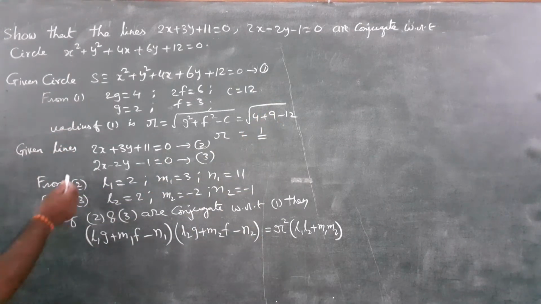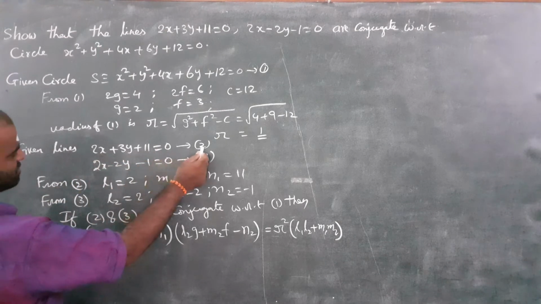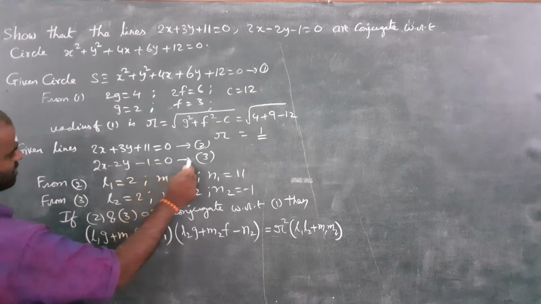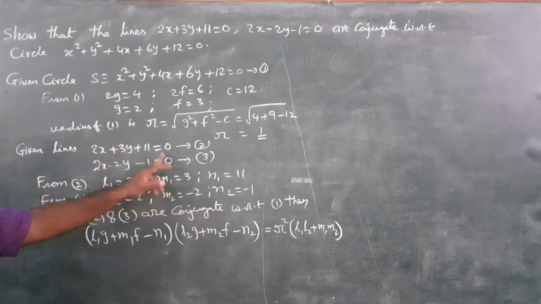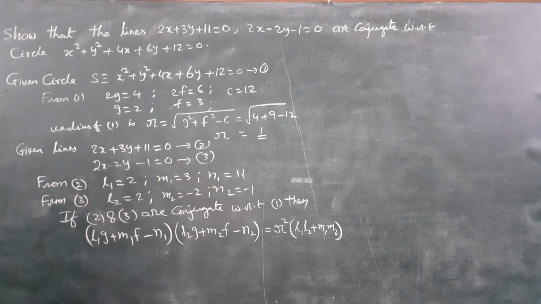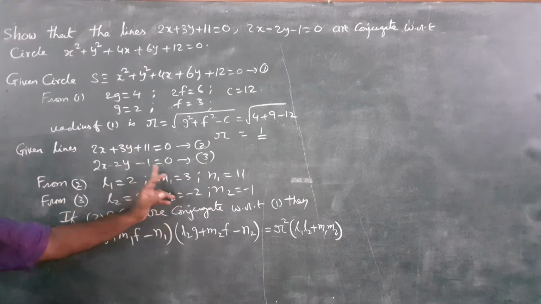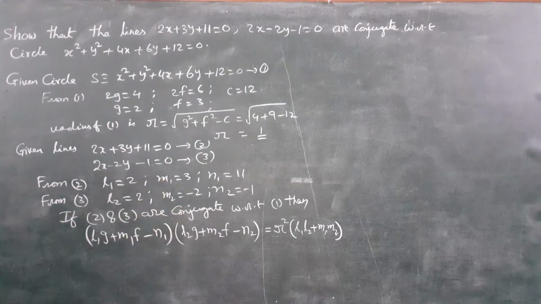And what are the given lines? 2x + 3y + 11 = 0 and 2x - 3y - 1 = 0. From the second equation, the coefficients of x, y and the constant are L1, M1, N1. So L1 = 2, M1 = 3, N1 = 11. And in the third equation, L2 = 2, M2 = -3, N2 = -1.